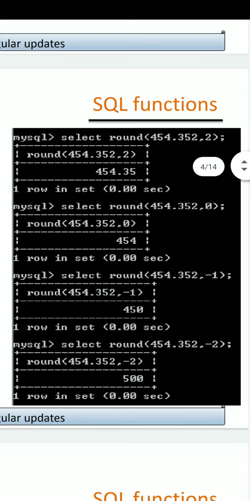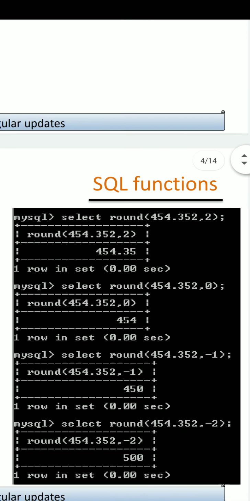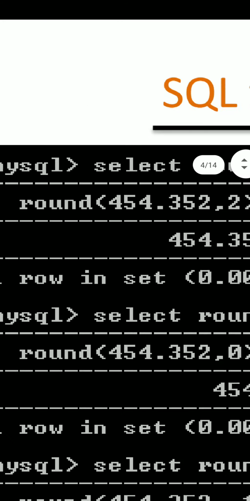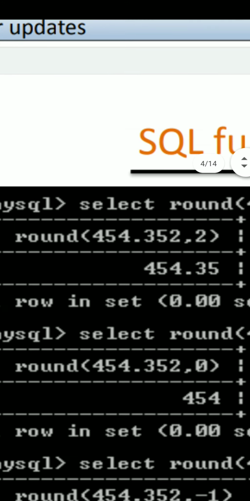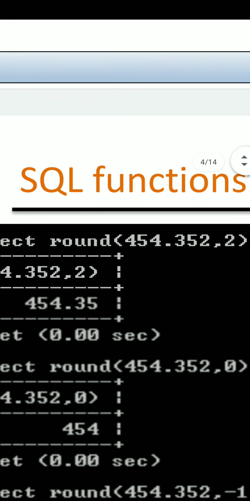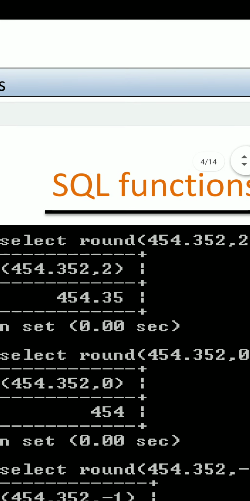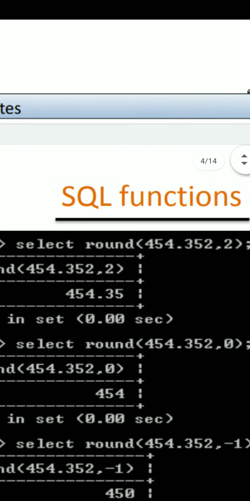Practically we have done the same. How can we do it? Here, in this example, we want to round. Select round, the value 454.352, 2. At 1 decimal place the value is 3.